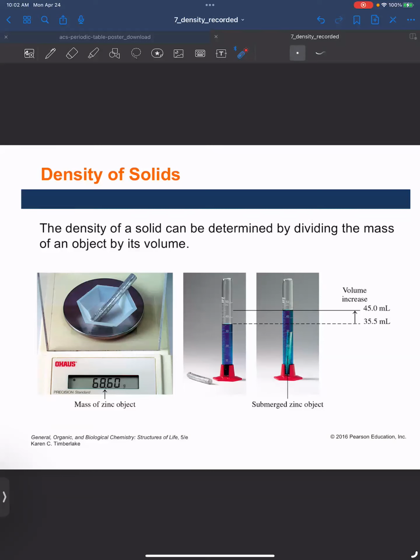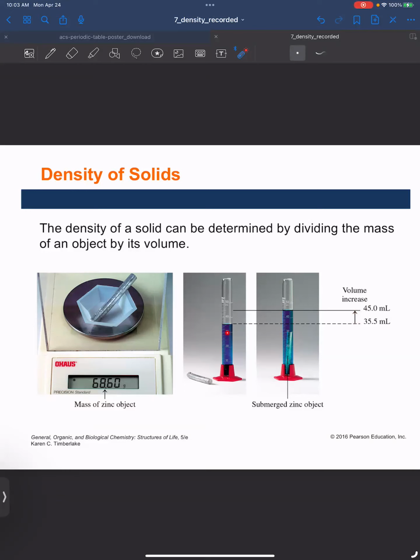We didn't add more water to make the water level rise. Rather, it was the object's volume that increased the reading of the water in this graduated cylinder. And so the final volume is 45 milliliters. The difference in these volumes is what gives you the volume of the object.